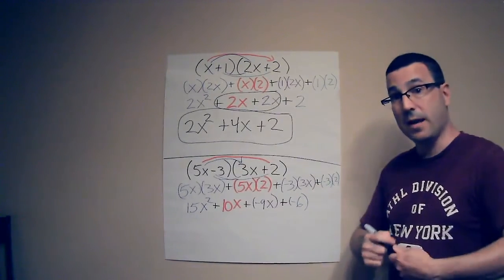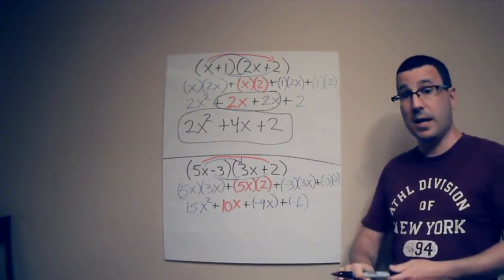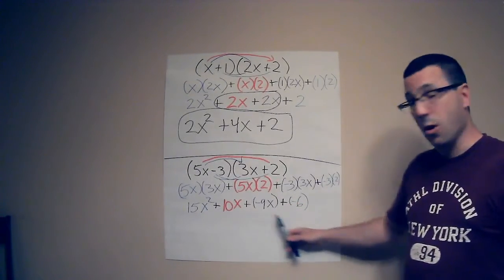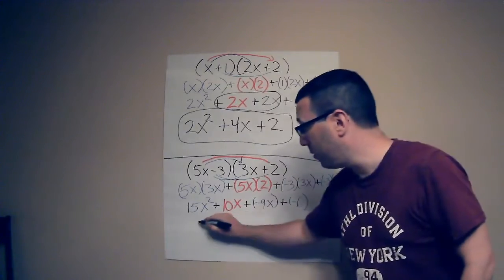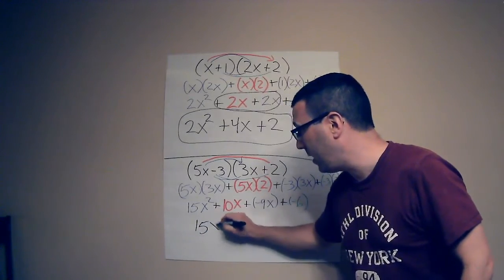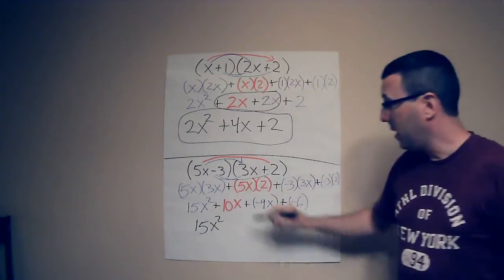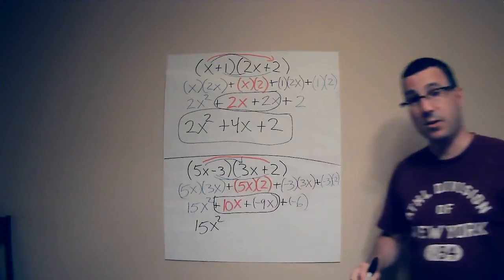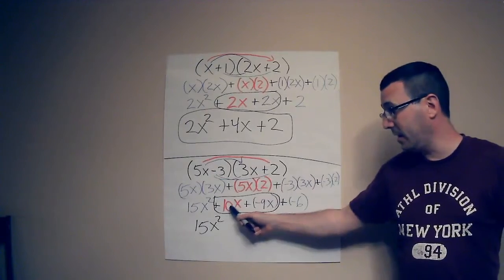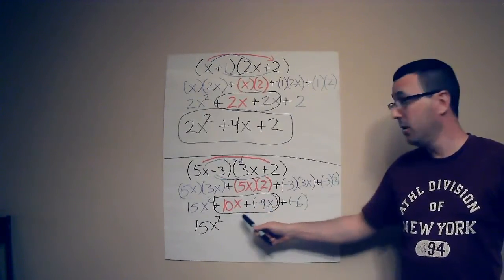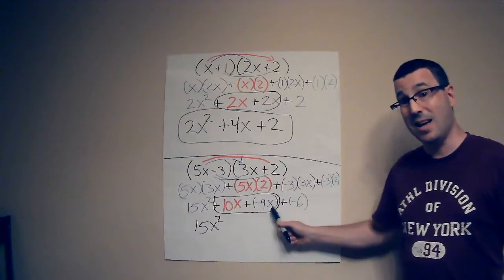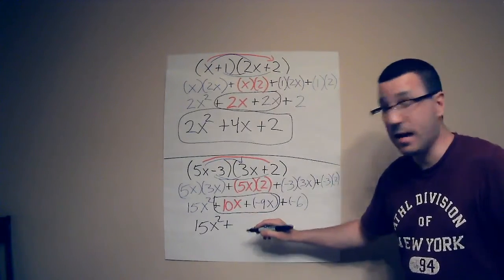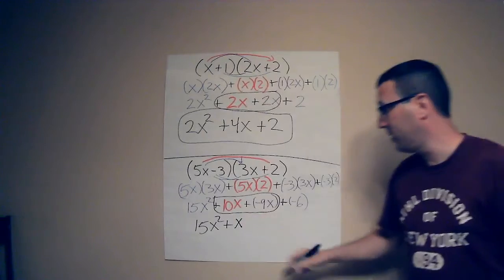So, again, combine any like terms. 15x squared, it's the only x squared term, so I'm going to bring it down, 15x squared. Then I have these two middle terms that are both x terms, so I have 10x plus a negative 9x, which is pretty much 10 minus 9, which is 1, so 1x or just x.